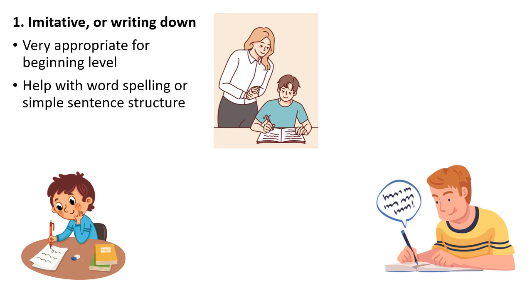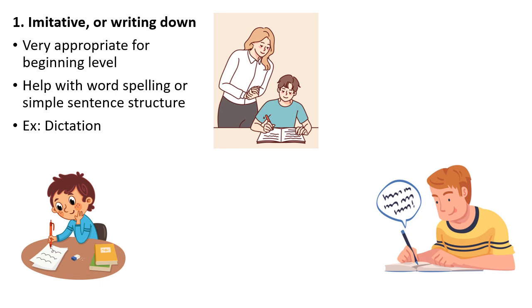And I believe you have done one of these activities before when you were young, and it's dictation. Dictation is a good activity to help students practice writing down words or sentences that they hear, and that helps them with their spelling rules, right? Or just spelling of the words in general.